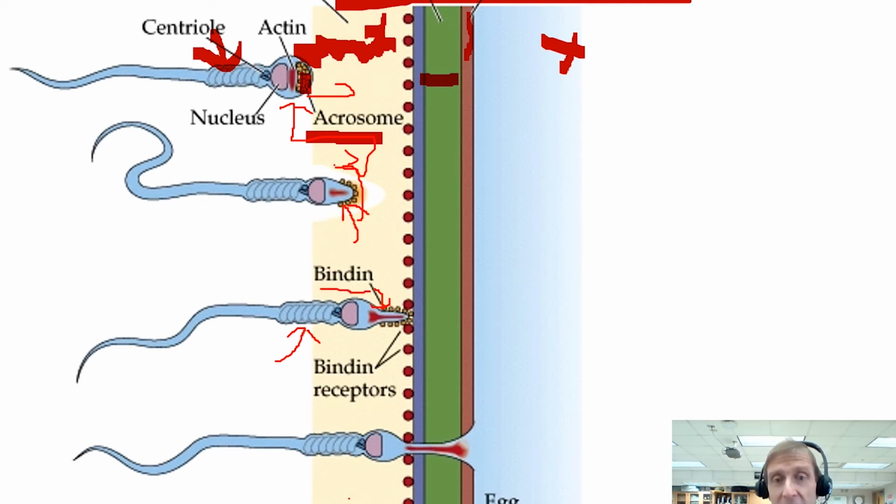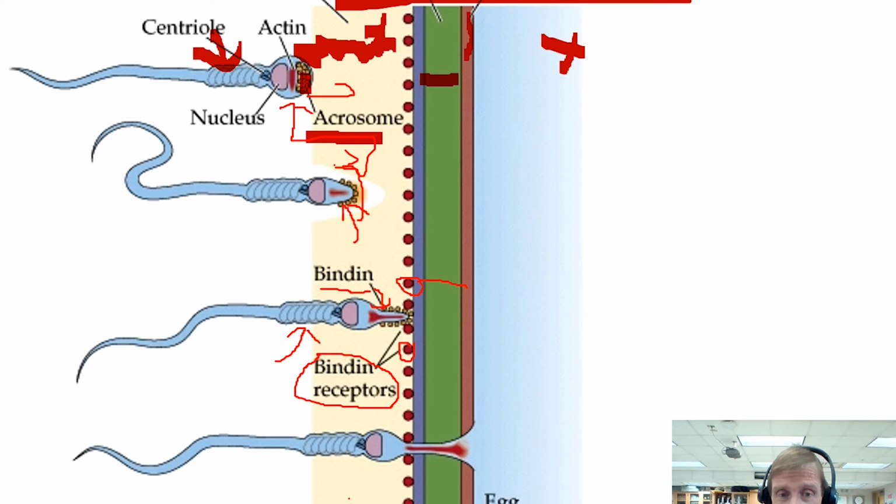Again, protein structure is genetically determined. So a particular species of sperm, let's say, frog sperm here, is going to have a particular structure of this binding protein. The egg of the same species will have, right here, an appropriate binding receptor. Not very ingenious names, but they work.